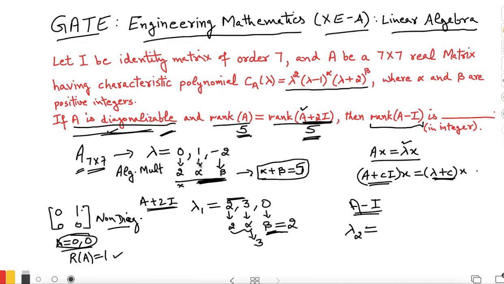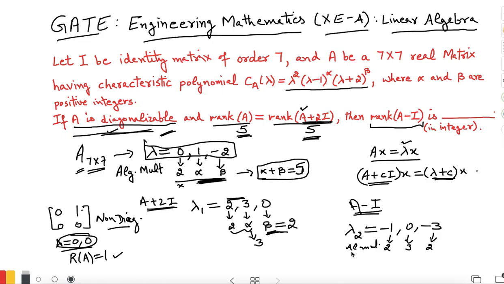So whatever the eigenvalues of A are, if I subtract 1 from them, I will get the new eigenvalues. So the eigenvalues are minus 1, 0, and minus 3, with algebraic multiplicities of 2, alpha which is 3, and beta which is 2.